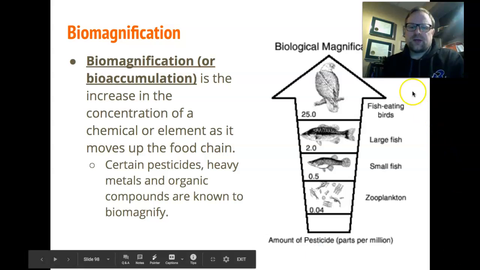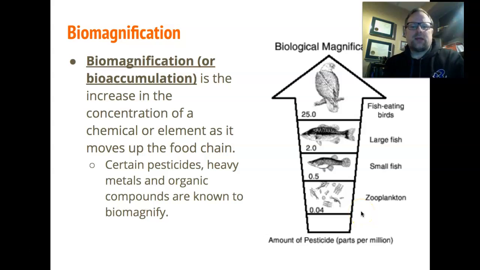And so this is an aquatic ecosystem, more or less, where we have a pesticide that maybe has been sprayed nearby. And what ends up happening is that pesticide in some way gets inside of the water and gets absorbed by zooplankton, which are really tiny, almost microscopic, in many cases, organisms that live inside the water.